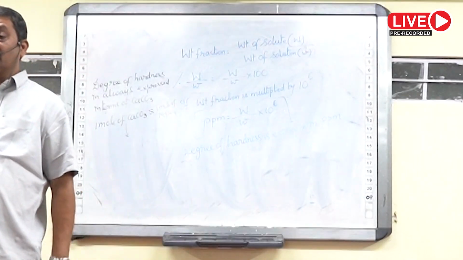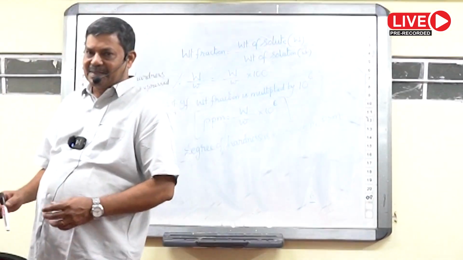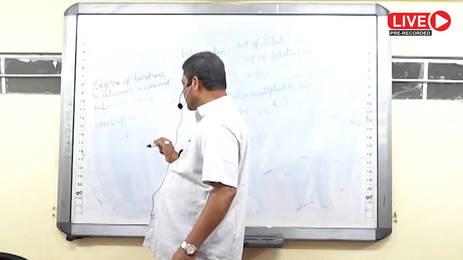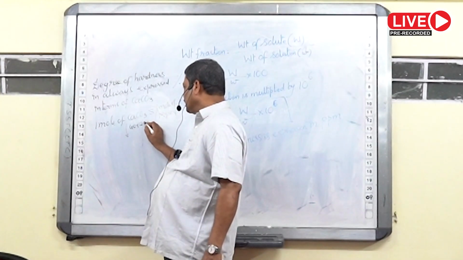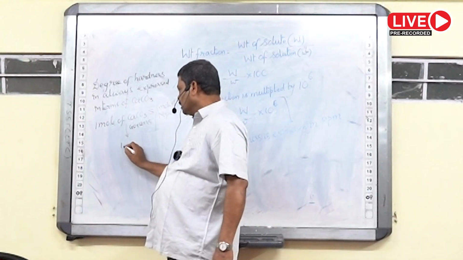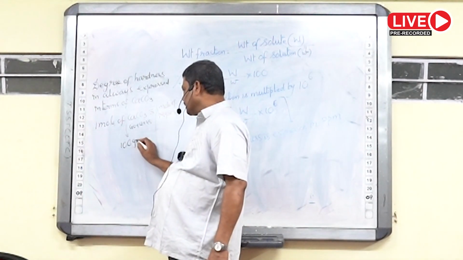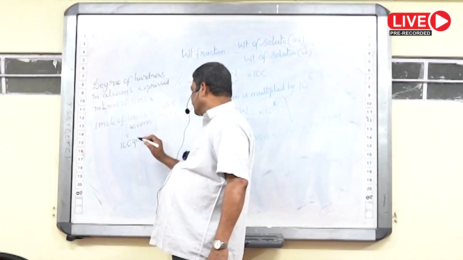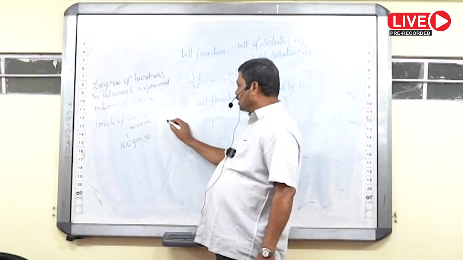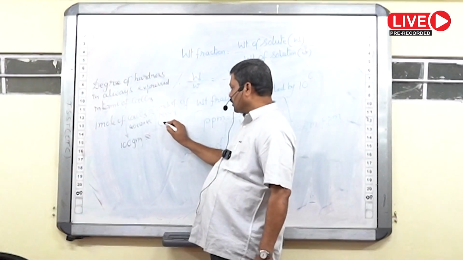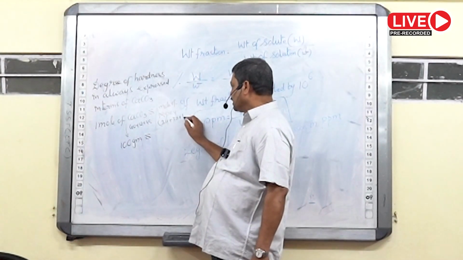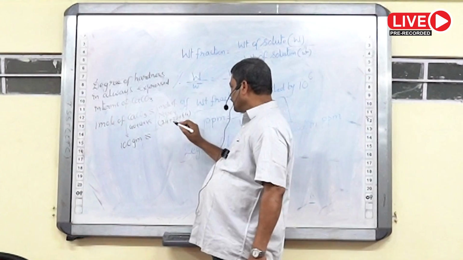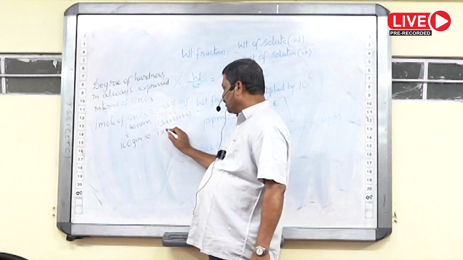Its gram molecular weight. 1 mole of CaCO3 is 40 plus 12 plus 48. So 100 grams is equal to 1 mole of MgSO4, 24 plus 32 plus 64. That is equal to 120 grams.